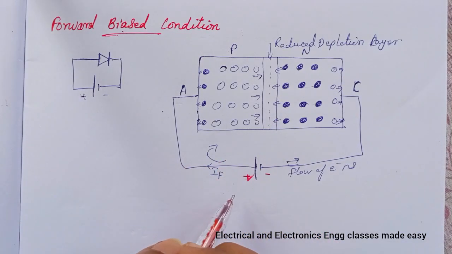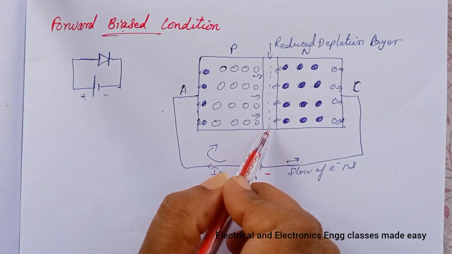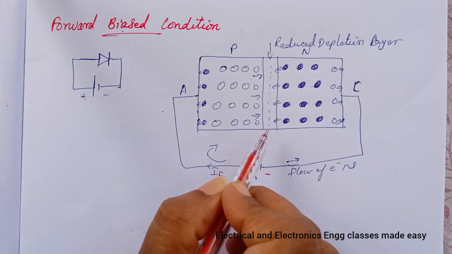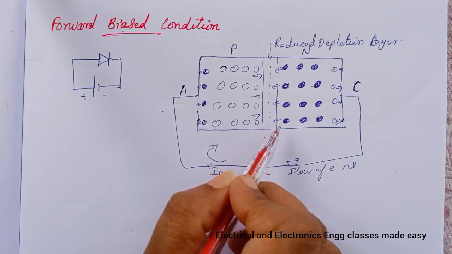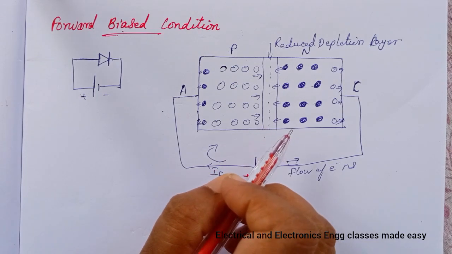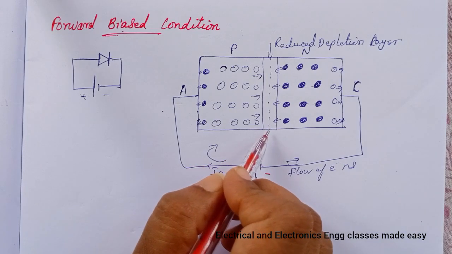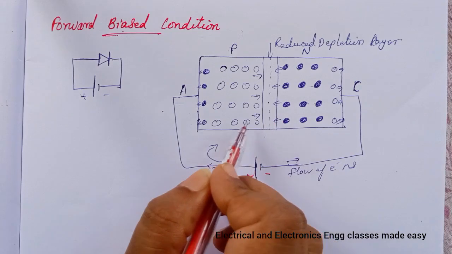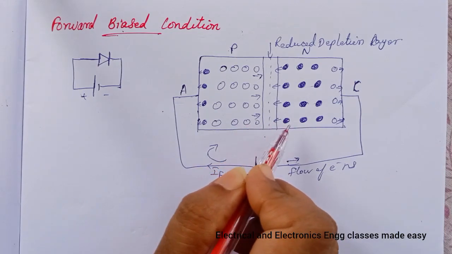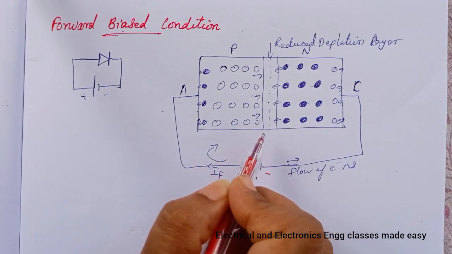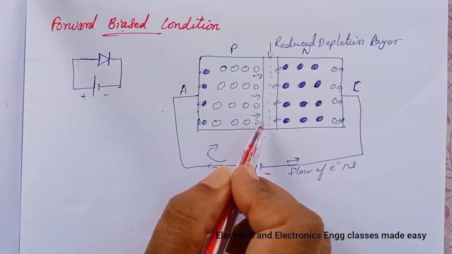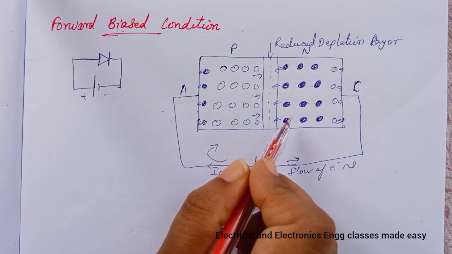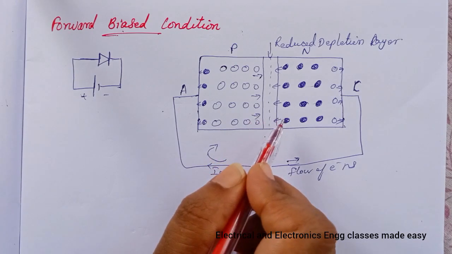And if the applied voltage is gradually increased from 0, the barrier potential also gets gradually reduced until it disappears, and this results in the diffusion of more majority carriers across the junction. A large current known as forward current flows through the PN junction.